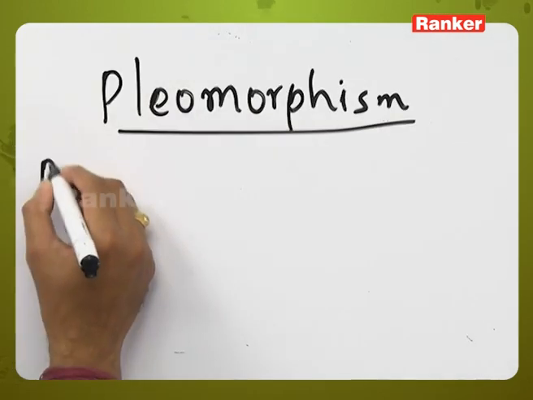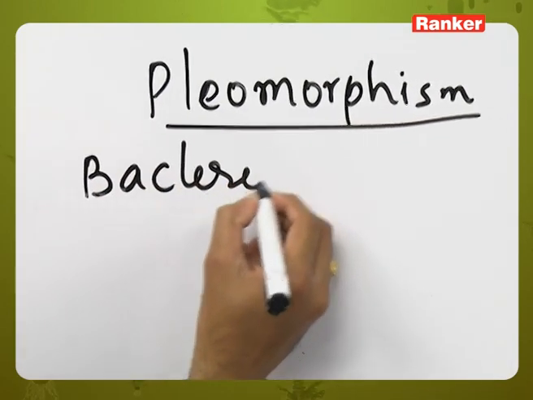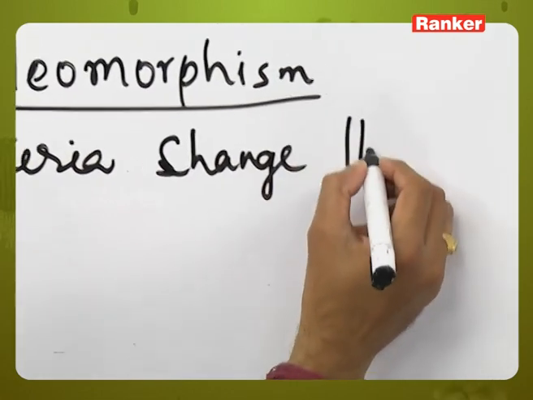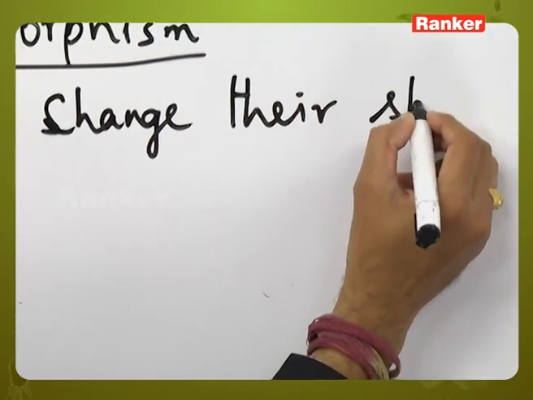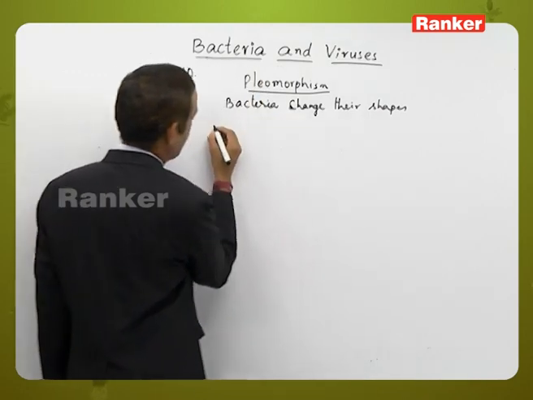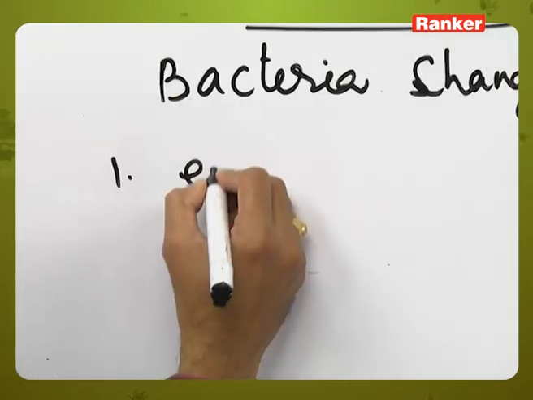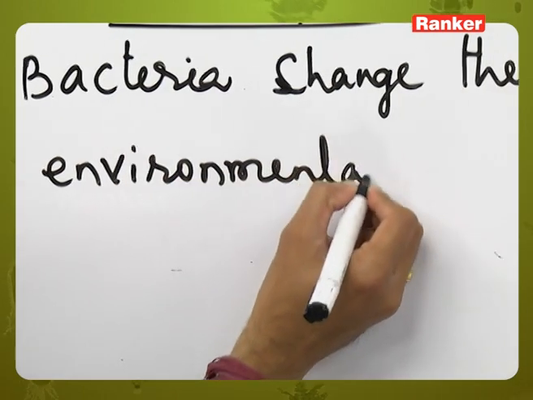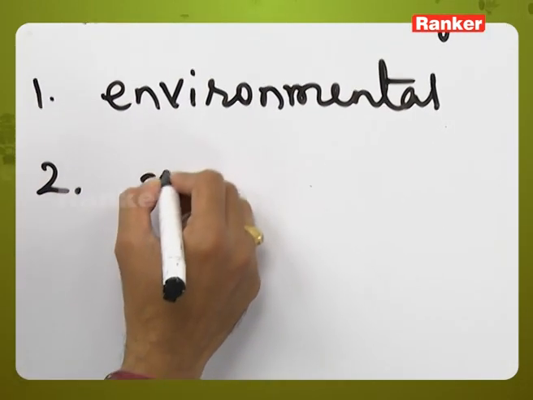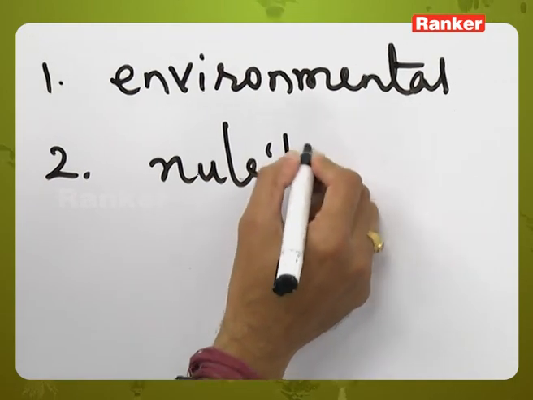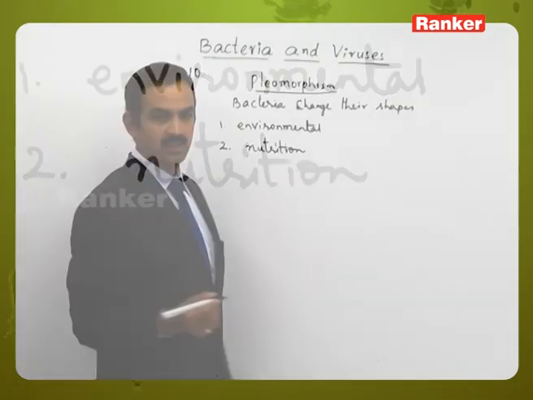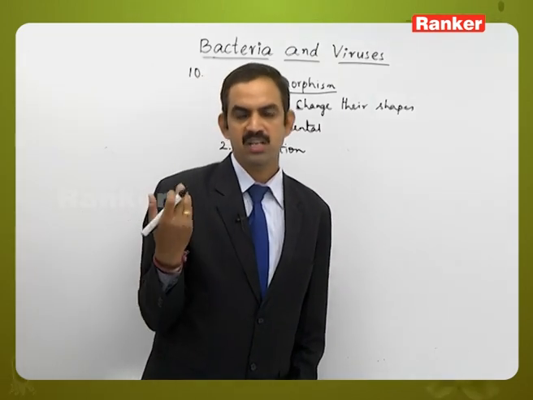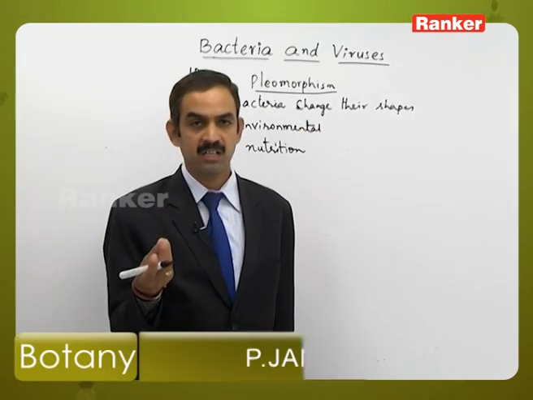So some bacteria change their shapes depending upon two reasons. One is the environment in which they are existing. Second is the type of nutrition that is available to them. Sometimes they may have rod shape, or be converted into a chain of rod shaped bacteria.